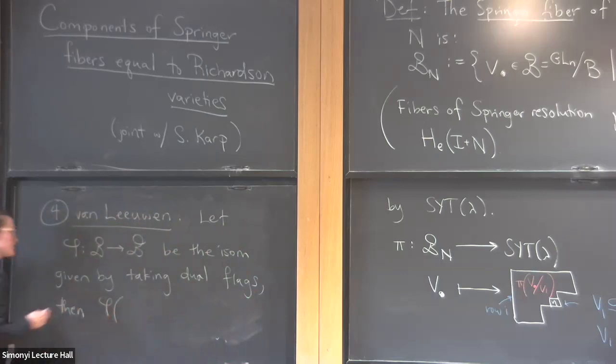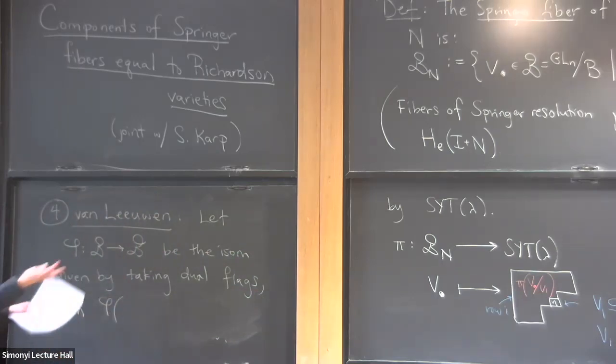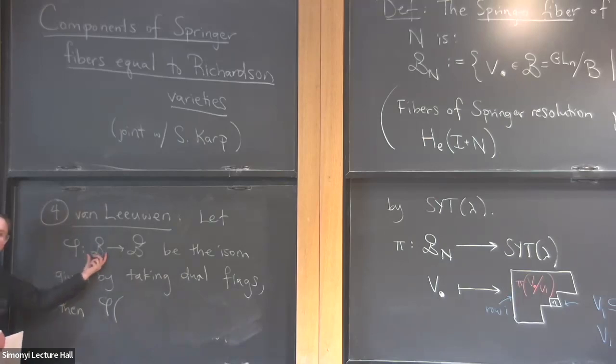If you give me a flag, I can give you another flag out, but I just take the dual of every subspace and I reorder them, right? The dual of a one-dimensional subspace is explicitly an n-1 dimensional subspace. And this map is going to take a Springer fiber to the Springer fiber of your matrix transpose, okay?